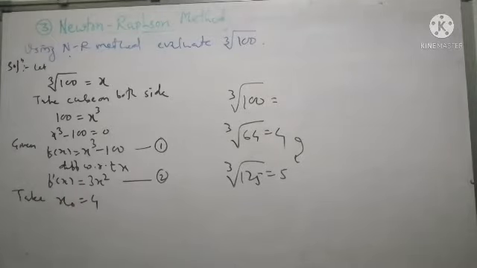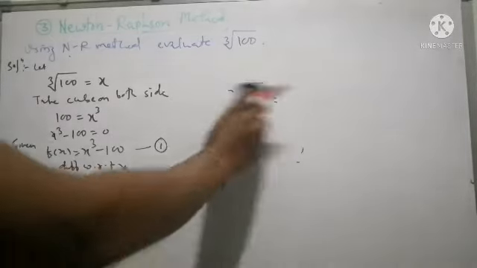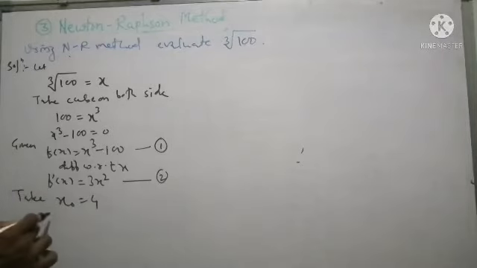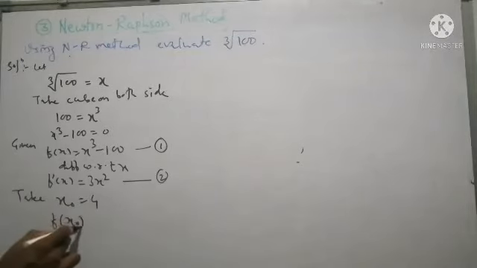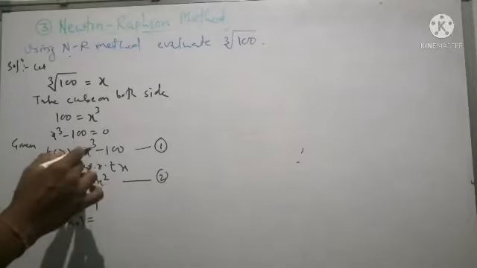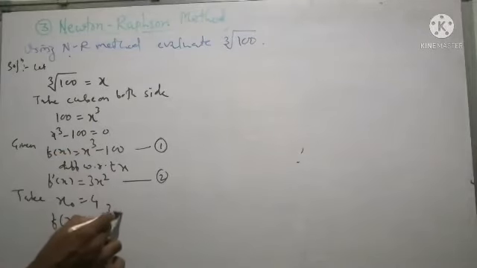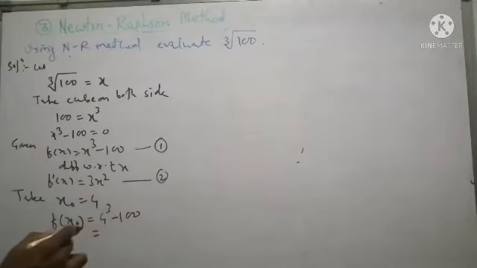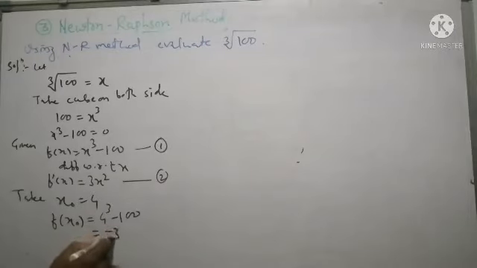To find x1, that is the first approximate root, we need f of x0, that is we take x as 4 in equation number 1 on the right hand side, so we get 4 cube minus 100. As we know, 4 cube is 64, minus 100 is equal to minus 36.